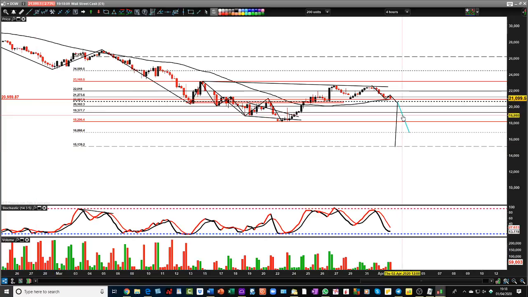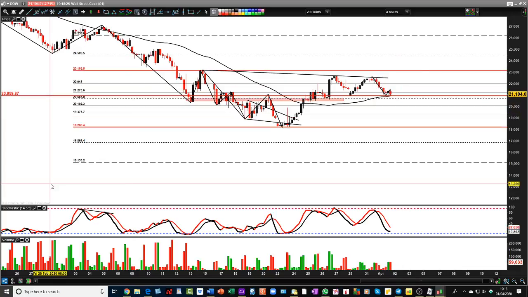I can't remember the statistic now, but a huge part of Americans are in lockdown as well, as with key parts of Europe, and it has been key parts of China, so that's ultimately having an effect on this market. But pure technicals, that is a great place to get short.